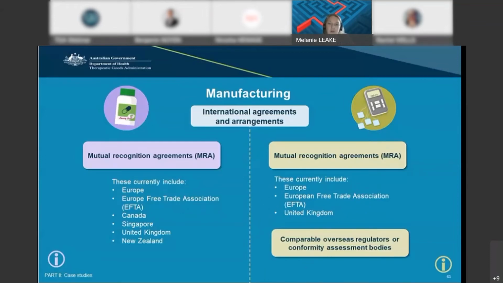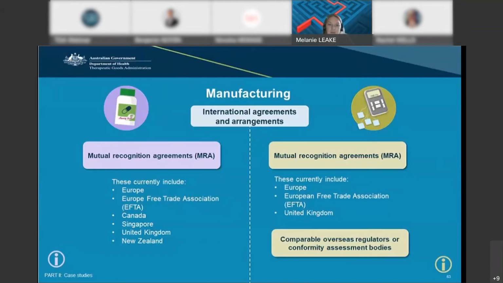For medicines and biologicals, there are around 25 different countries that have an MRA or equivalent agreement with Australia, and these include Canada, Singapore, United Kingdom, and numerous European countries. If your manufacturing site is not one of these countries and you're not eligible for MRA, you have to obtain a GMP certification through TGA. This may involve an on-site inspection by one of our GMP inspectors.